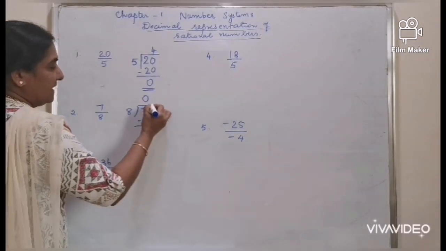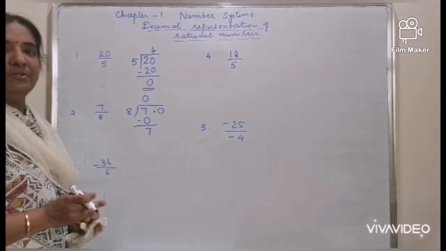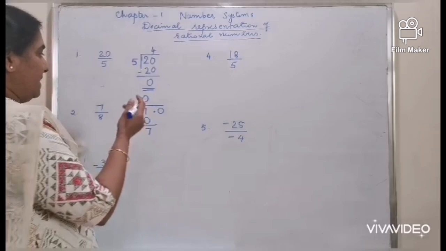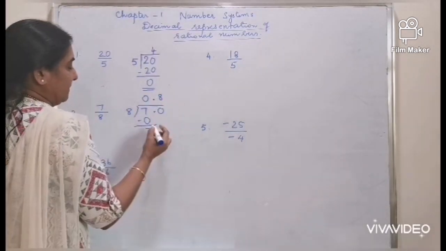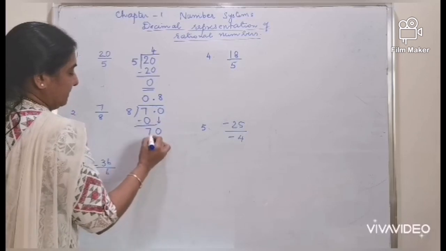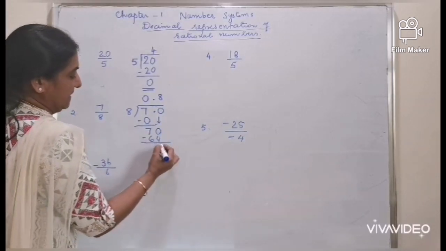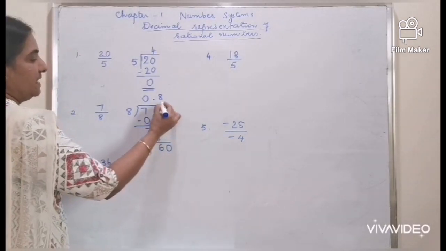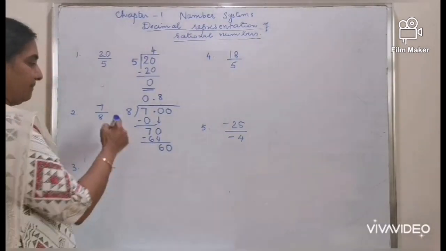You are placing a decimal point, and after the decimal you can insert as many zeros. 8 8s are 64. You are subtracting 70 minus 64 is 6, bringing a zero again until you get a remainder 0.